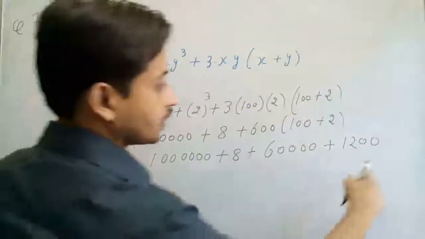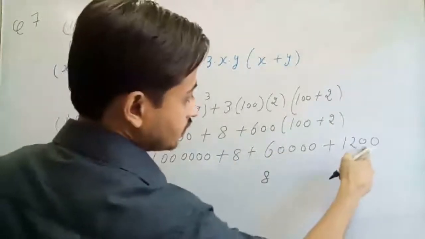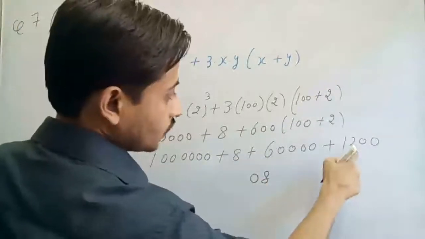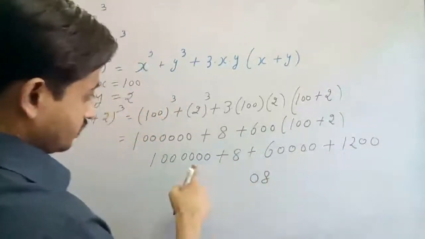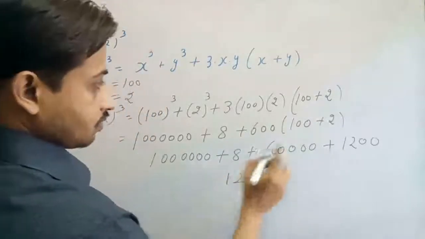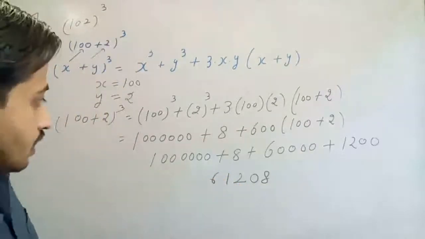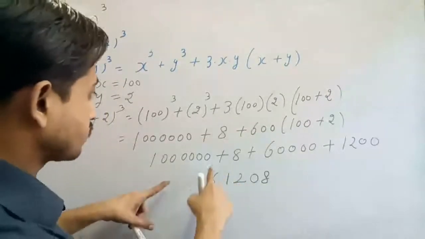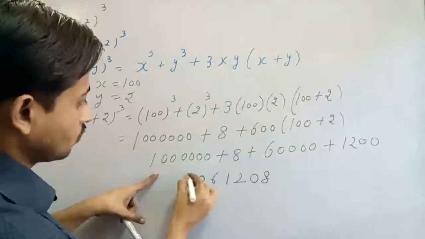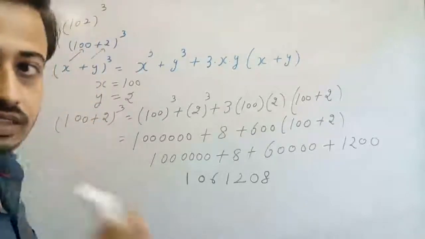Please add this. 0 plus 0 plus 8 plus 0 we get 8. 0 plus 0 plus 0 we get 0. 2 plus 0 plus 0, 2. Then we get 6, 1, and so on. I think this is the answer. I am going to check this answer.